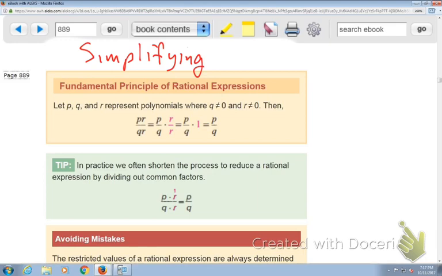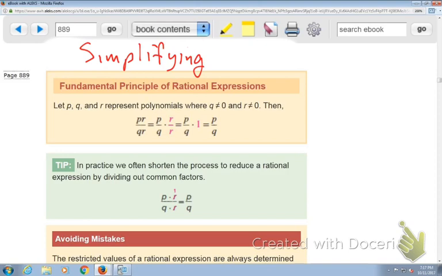So we're left with P over Q. So any common factors can be canceled out, right? The key word in all that stuff that I just said: factor. So in order to cancel, what must you do? Factor.